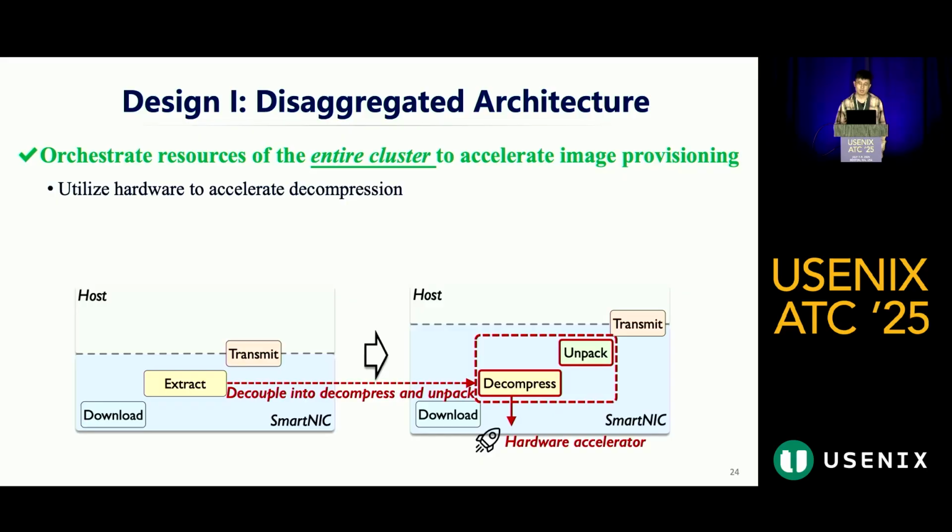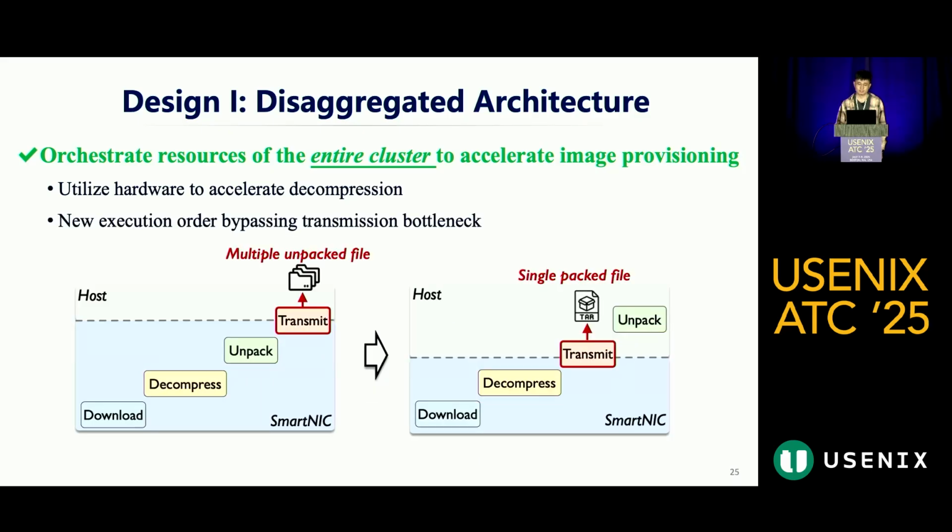To this end, we first decouple image extraction into decompressing and unpacking, and leverage hardware accelerators to speed up the decompressing. Next, we restructure the Coldstart workflow by deferring the unpack steps to the host side.